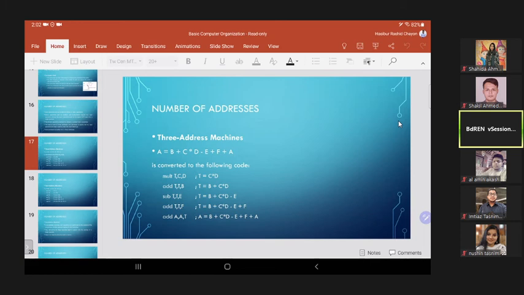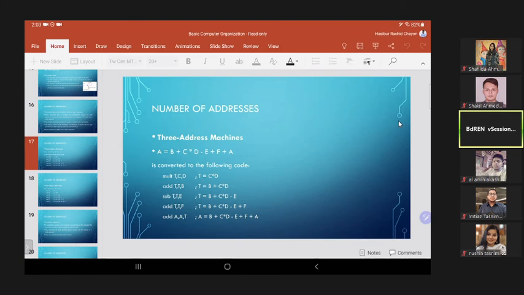In that T, we need to start with the multiplication. That is the rule. So we start with C multiplied by D, and in the temporary location T we store the multiplication of C and D. That's why we write MULT T, C, D. In a 3-address or 2-address machine, the first operand always stores the result of the action.